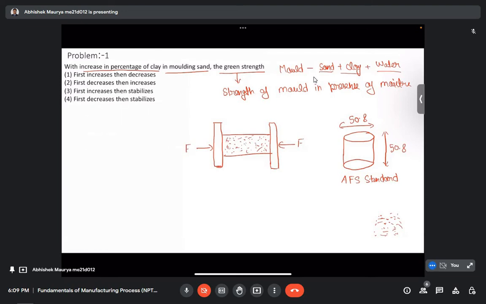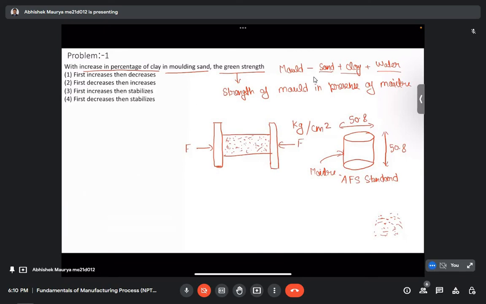And since it is green strength, therefore the specimen should contain the moisture, and the strength value which we get comes in kg per centimeter square.